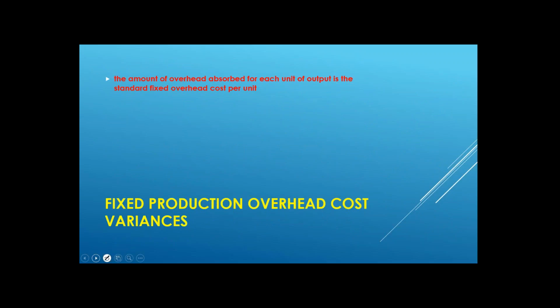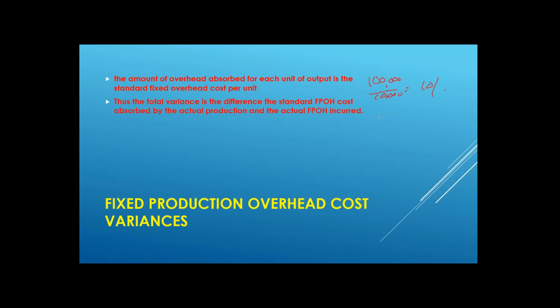The amount of fixed overhead per output is the standard fixed overhead cost per unit. So we have a predetermined amount. 100,000 is the overhead, 10,000 is the number of units, and we say the overhead absorption rate is 10. That is your standard overhead absorption rate. Then the total variance is the difference between the standard fixed overhead absorbed and the actual.